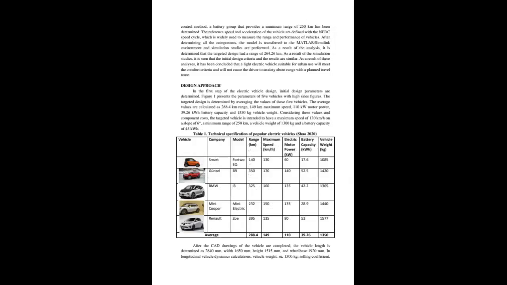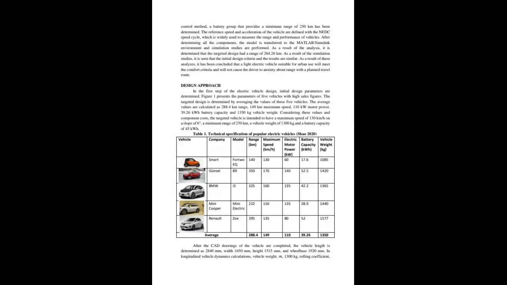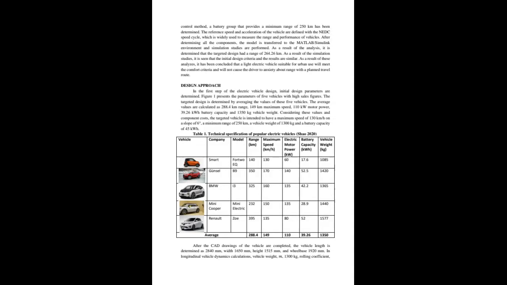In the first step, we select our parameters. In this example, we want to design an M1 type. Also, maybe it's called an L1 type, a small electric vehicle. In the market, we have some examples: Mercedes Smart, Guncel, BMW i3, Mini Cooper, and Renault Zoe.